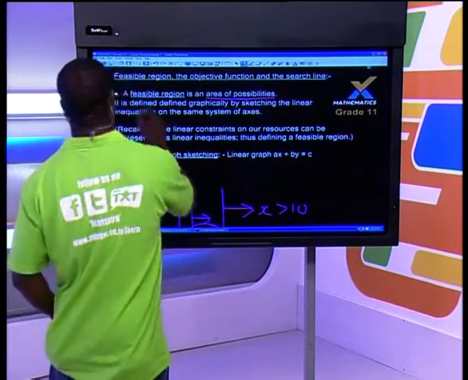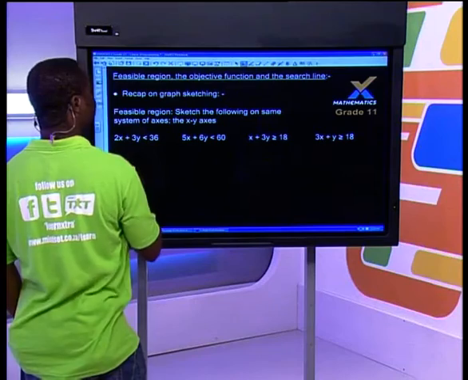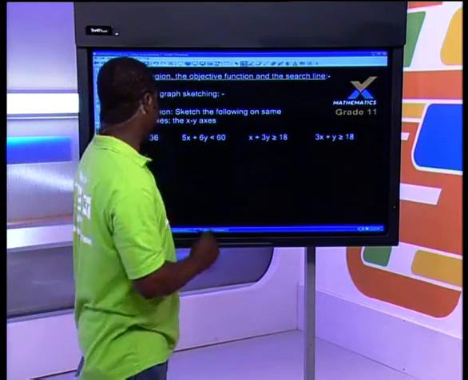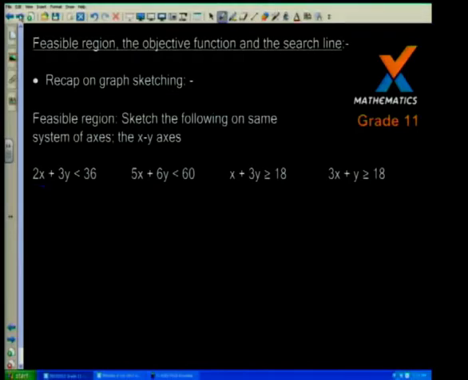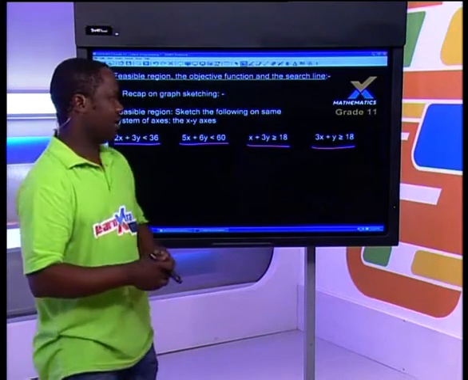So I've picked a few that we can draw here. I've got an equation given here that says 2x plus 3y equal to 36, 5x plus 6y less than 60. I've got 4 constraints. We will therefore remember the kind of constraints that we had. Is it explicit? Are some of them redundant?